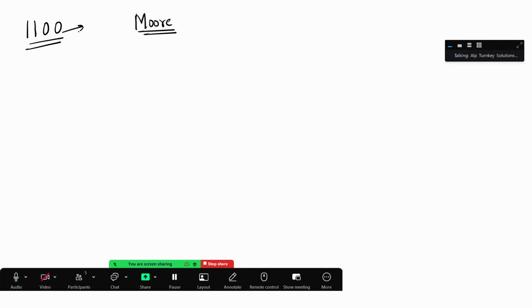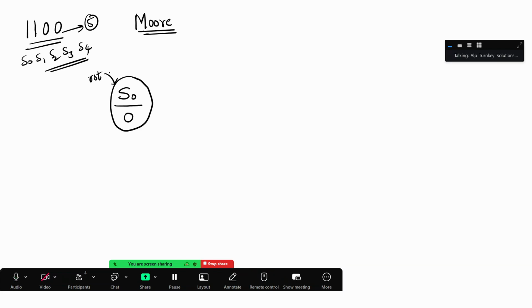So Moore means how many states do you have? So in total you have 5 states now: S0, S1, S2, S3 and S4. So you are at S0 by 0. This is nothing but the reset state, initial state.